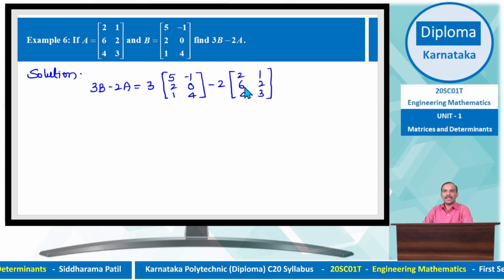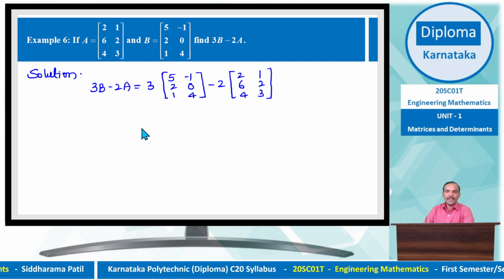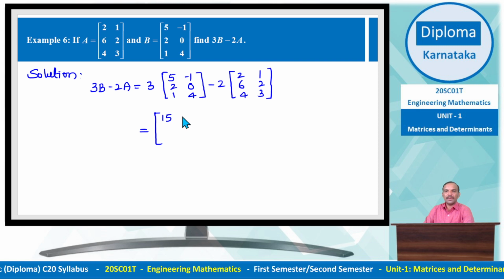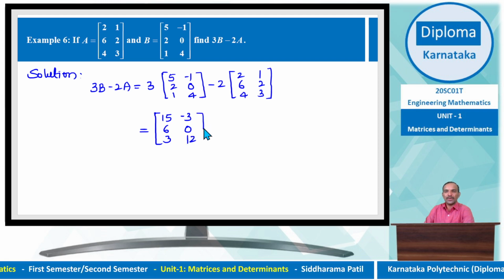First matrix b, then matrix a. Multiply all the elements with 3. 3 5s are 15, 3 into minus 1 is minus 3, 3 2s are 6, 3 into 0 is 0, 3 into 1 is 3, 3 into 4 is 12.